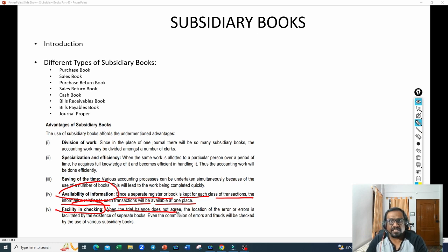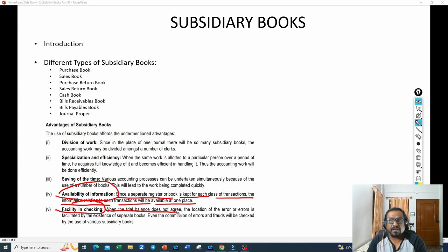For investigation, it will be very easy because each individual is an expert in their respective subsidiary books. You go to him and say, boss, this is where I'm facing the problem while preparing the trial balance. Can you please help me?